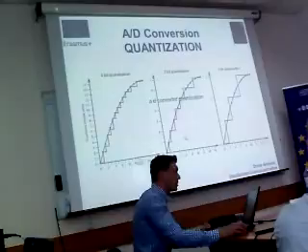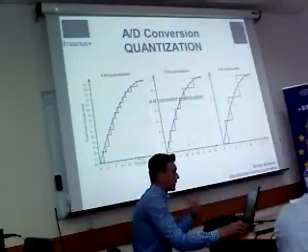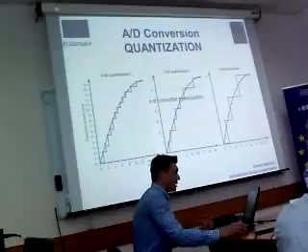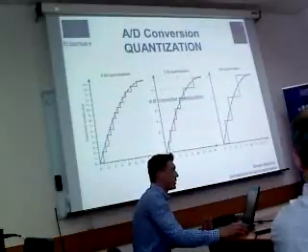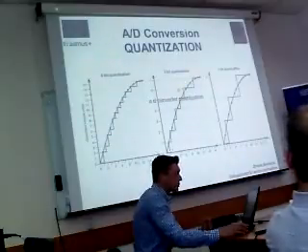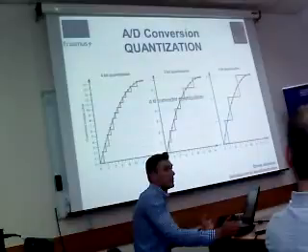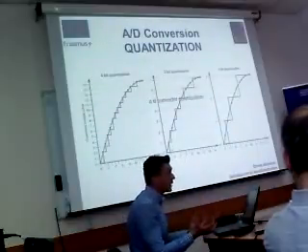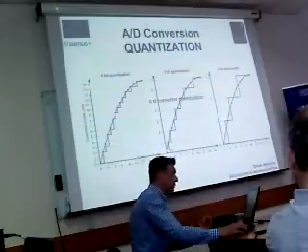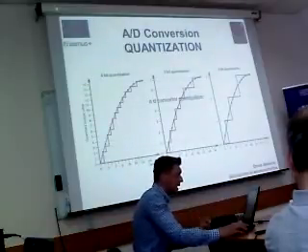And what can we do with these black dots in the next step? We can approximate it to one of the recognizable levels. And what are the recognizable levels? It depends on the resolution of our converter. So there's the loop. The higher resolution is, the more number we can recognize in this axis.